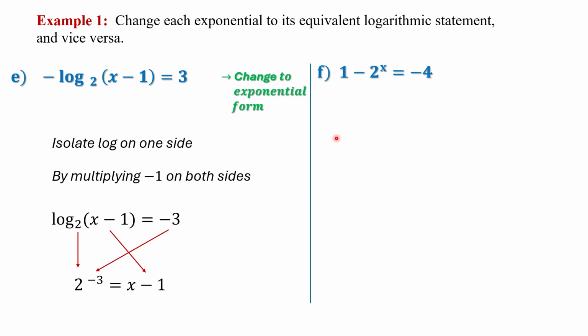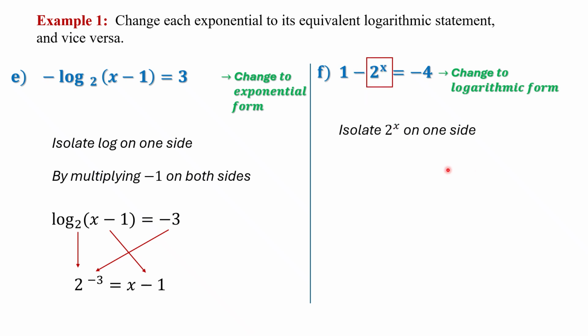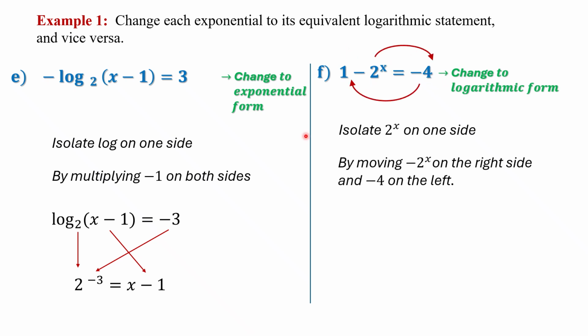Then for the next question, 1 minus 2 power x is equal to negative 4. So we're changing this to logarithmic form. So again, you can see that this exponential 2 power x is multiplied with negative. So again, we should isolate 2 to the power x on one side by moving negative 2 to the power x on the other side and negative 4 on the left side.